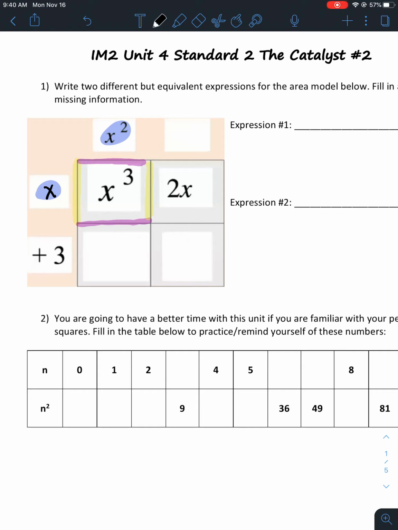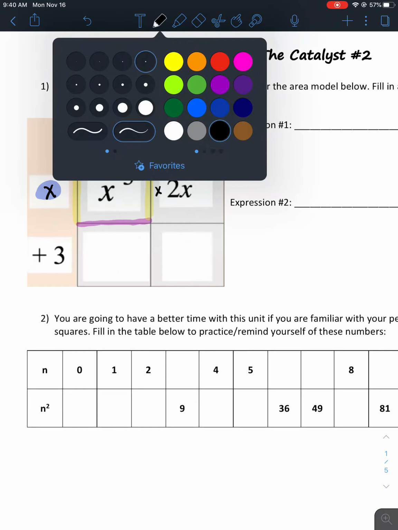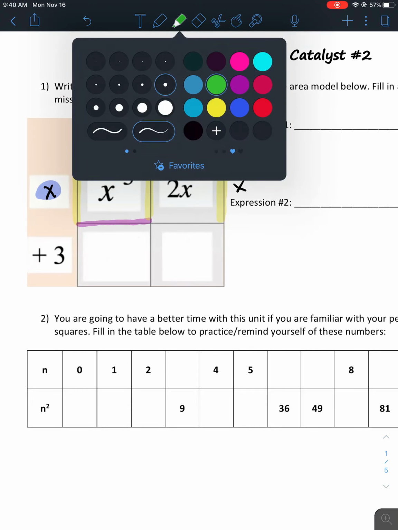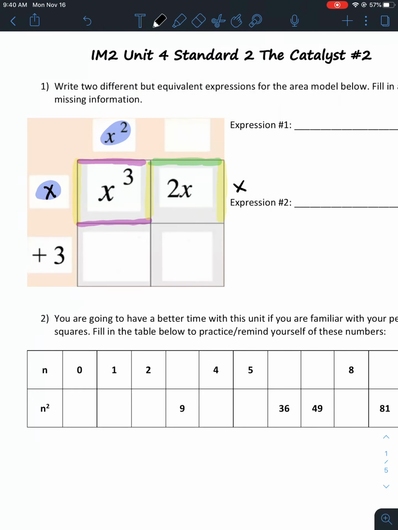And if that is x and that is x, that also means that this is x as well, because the lengths are the same. But the same cannot be said for this part right here, the width, because the green times the yellow is going to give me, this time, 2x. So I know that my length is x, so that has to make this 2.